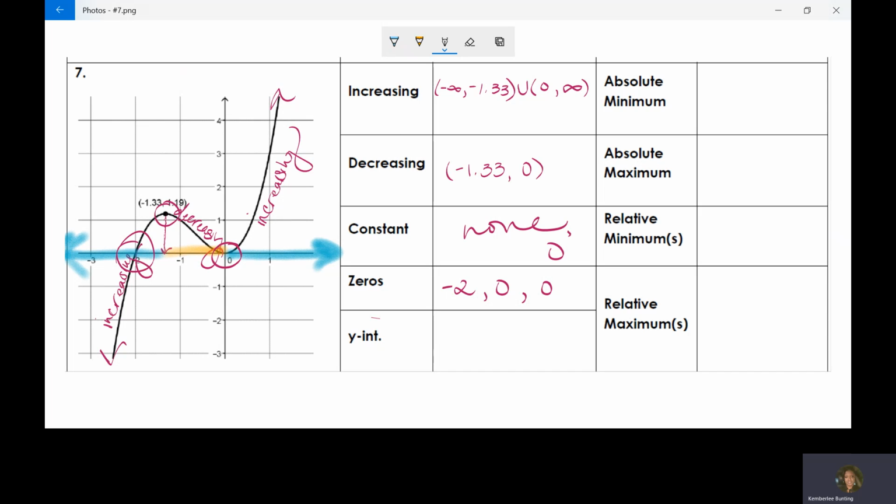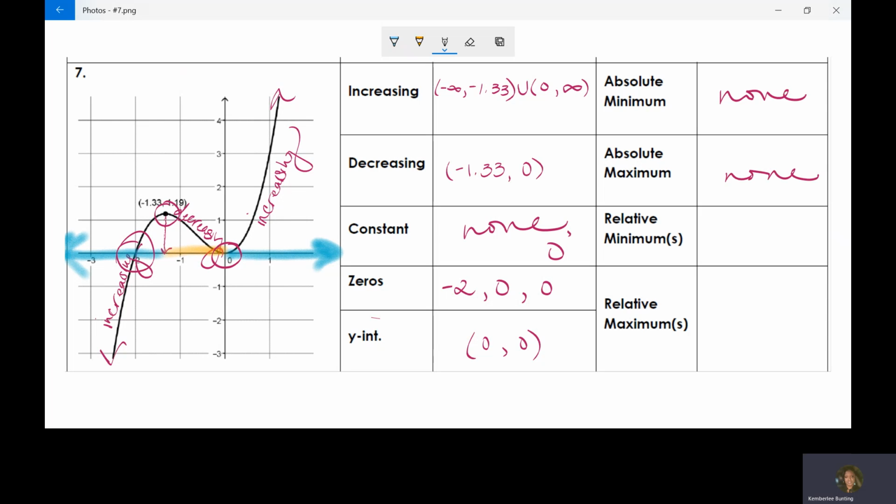All right, what is the y-intercept? 0, 0. Very good. Is there an absolute minimum or maximum value? Okay.